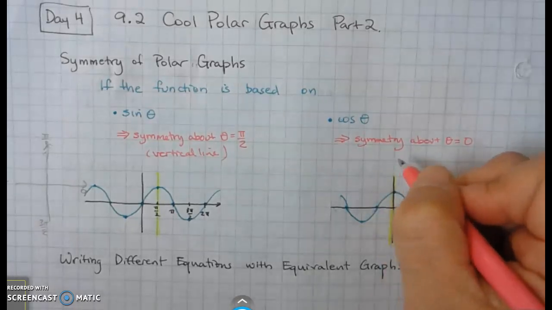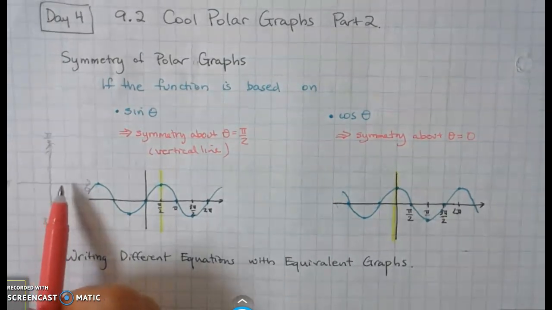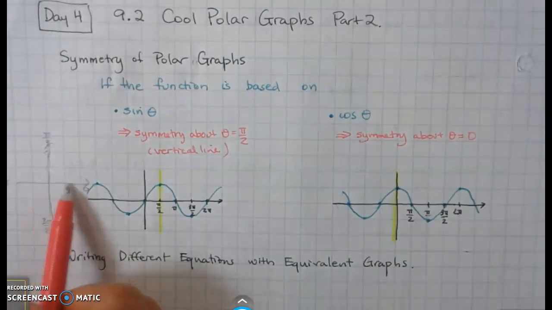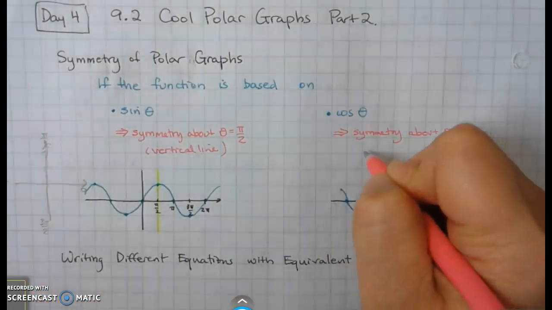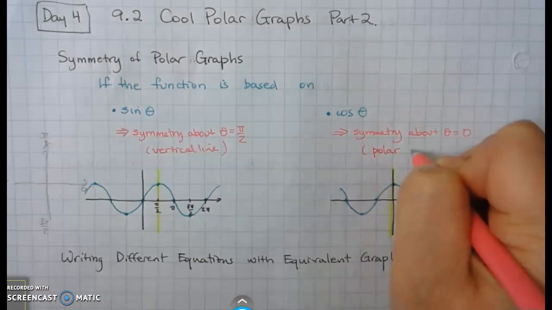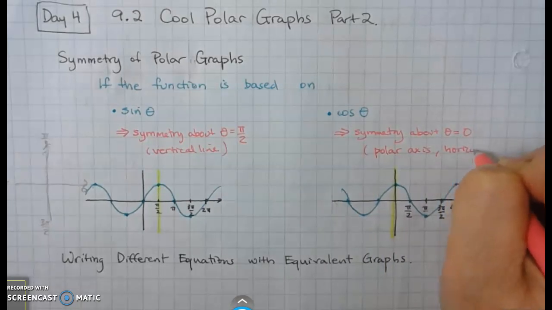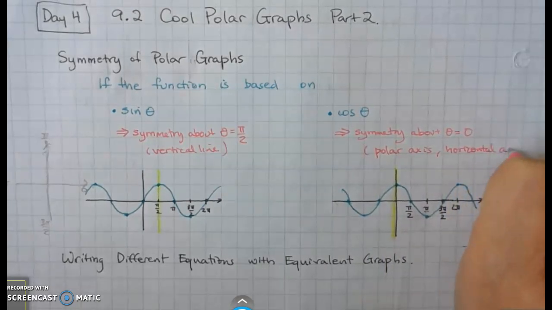That is what we call the polar axis. So 0 degrees on the polar graph is what we call the polar axis, or sometimes the horizontal axis. So that's about the polar axis or horizontal axis.